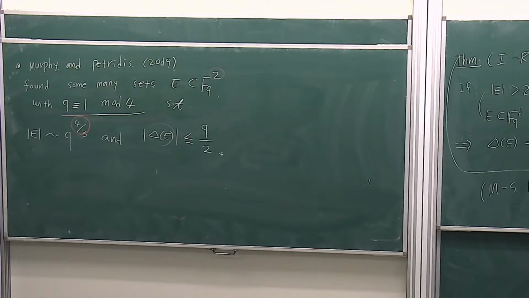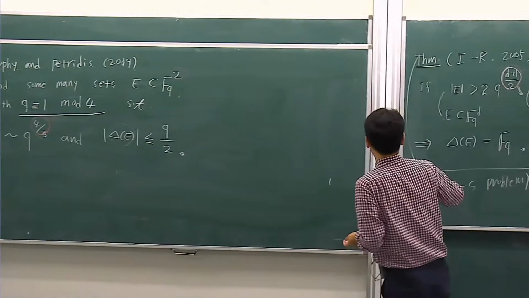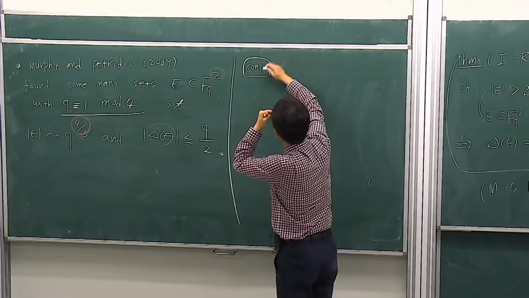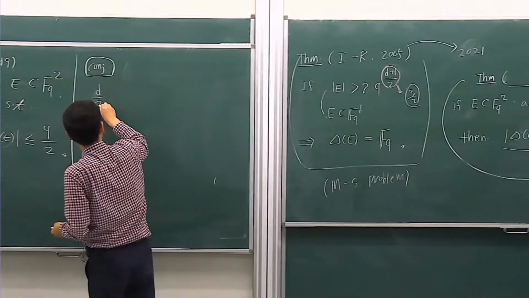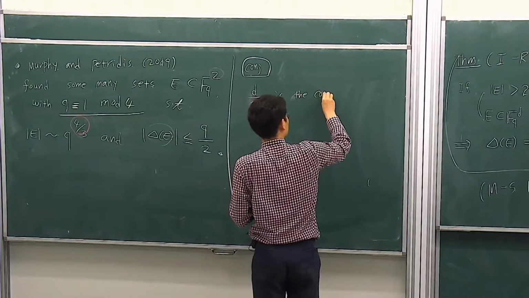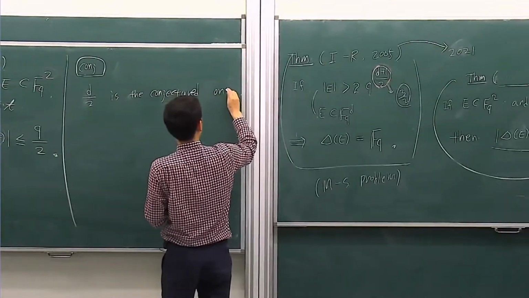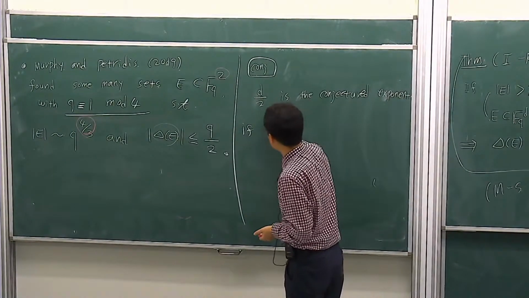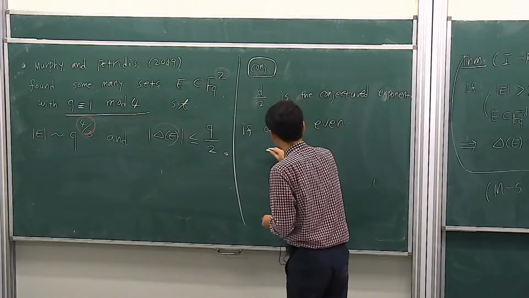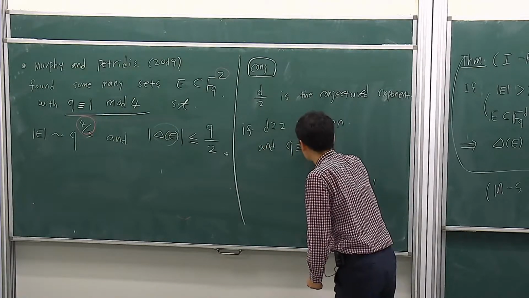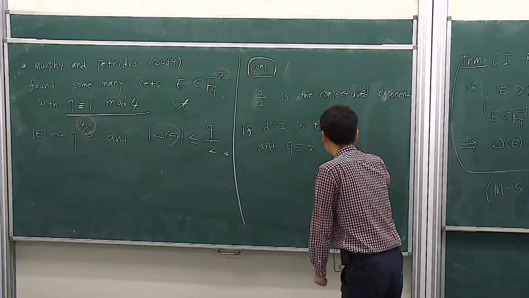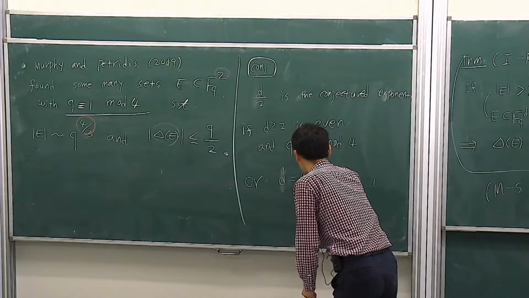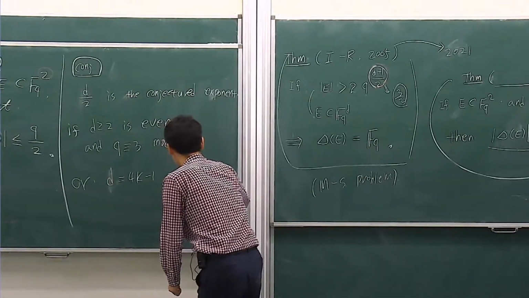So let me state my conjecture, or our conjecture, what someone believes. The conjecture is: either d is even and q is 3 modulo 4, so we must exclude this example, or d is odd, and minus 1 is not a square.